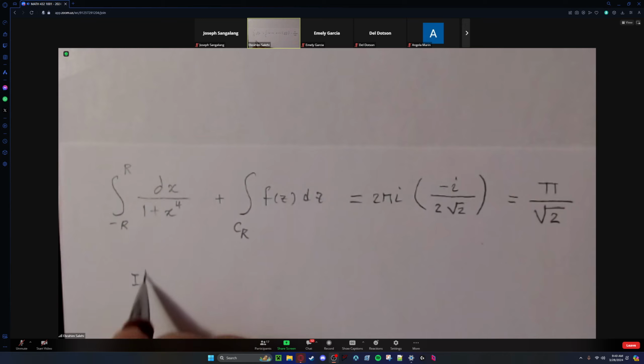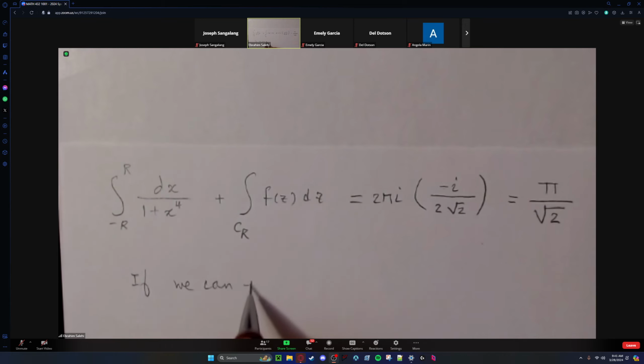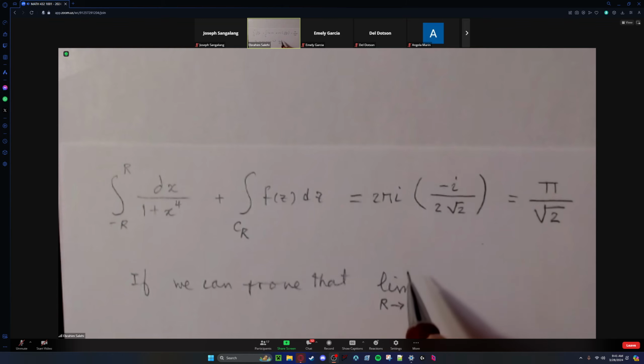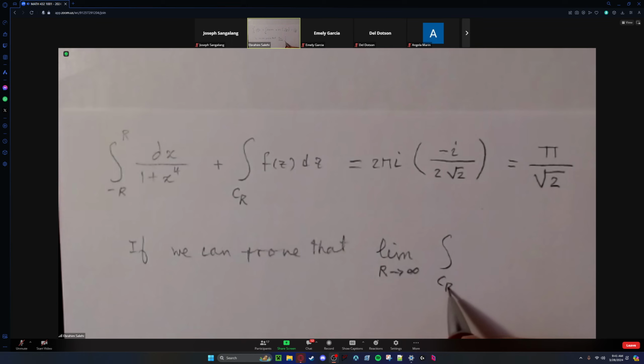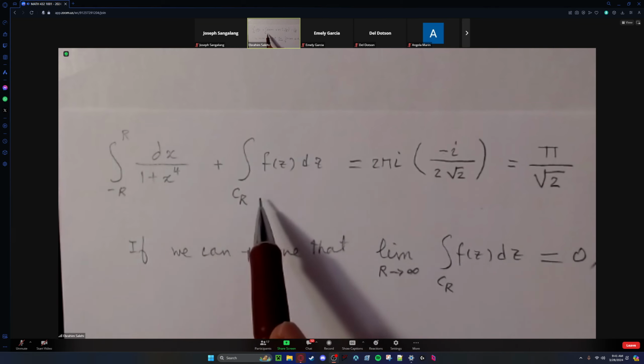If we can prove that the limit as R approaches infinity of this integral over CR, f of z dz, is 0, then what happens? This will be 0.